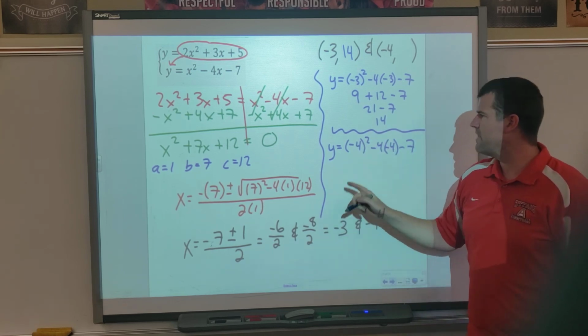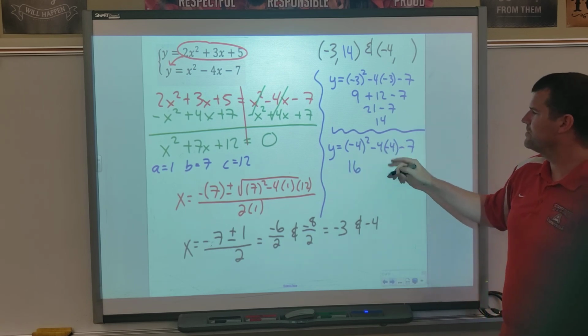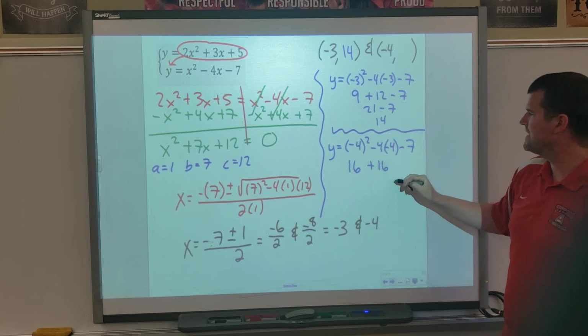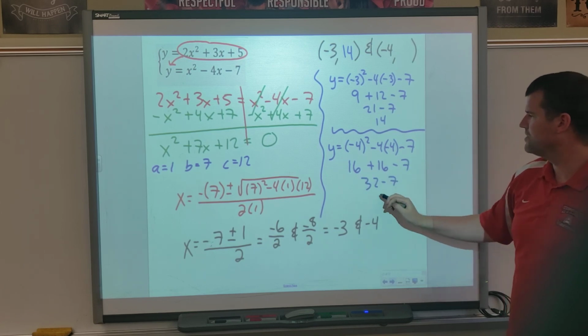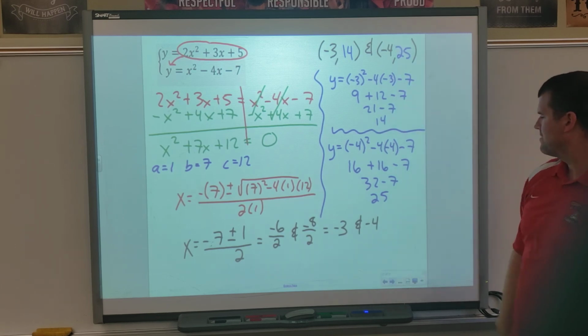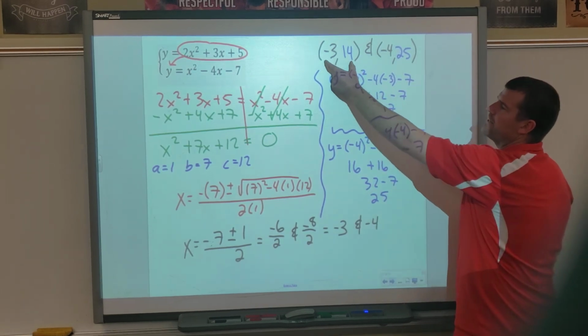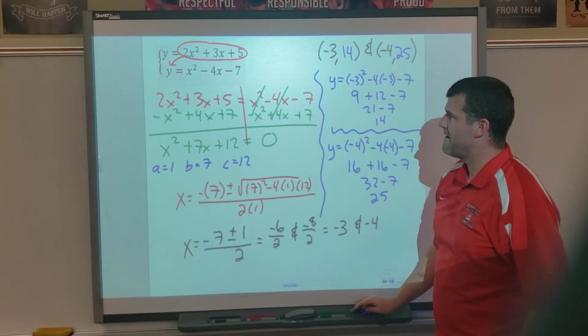And as we simplify this, -4 squared is 16. -4 times -4 is also 16. And so we get 32 minus 7, which is 25. So our solutions, -3 comma 14 and -4 comma 25.